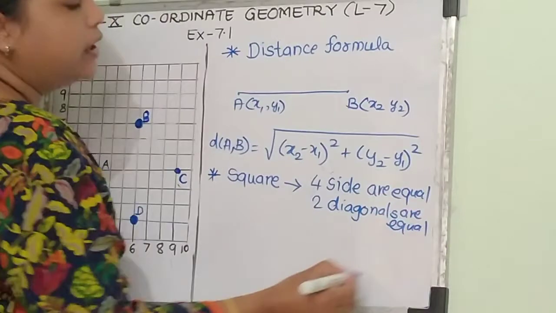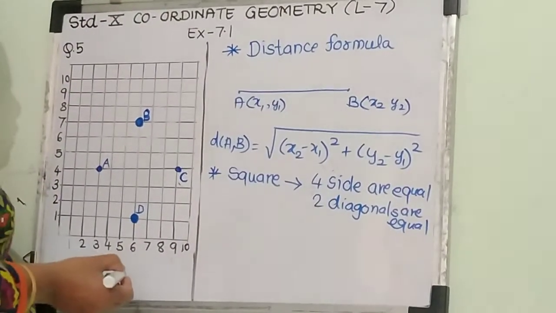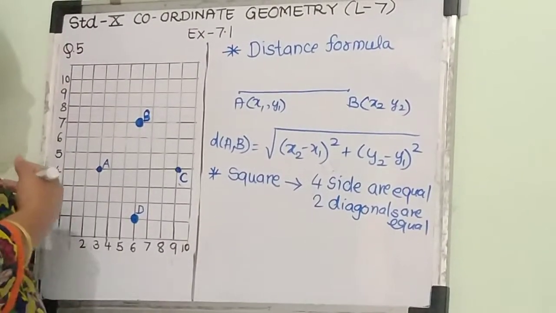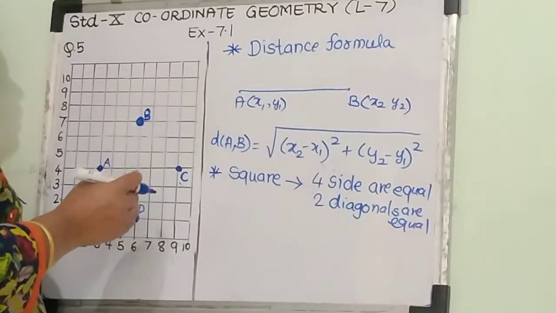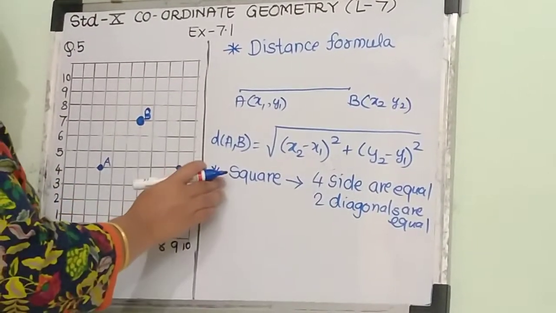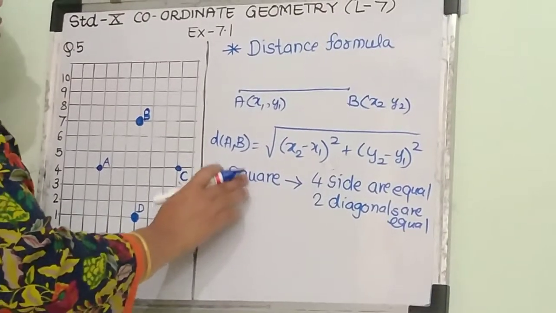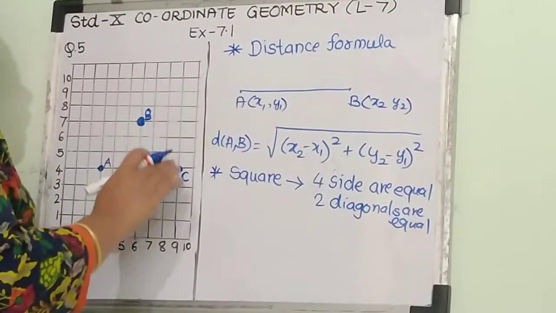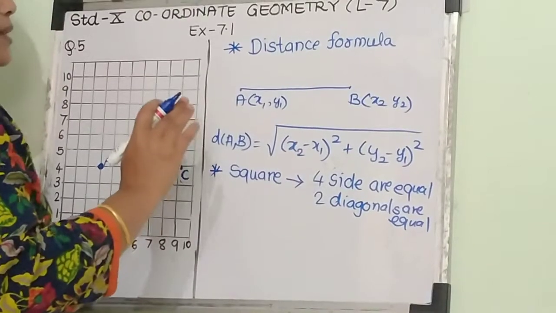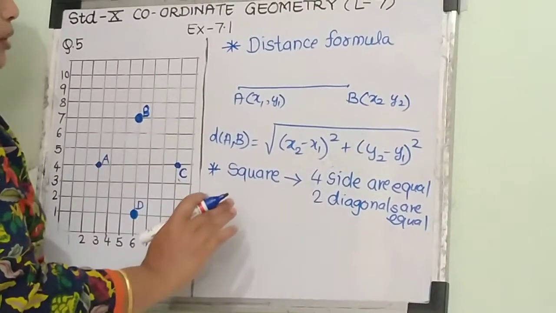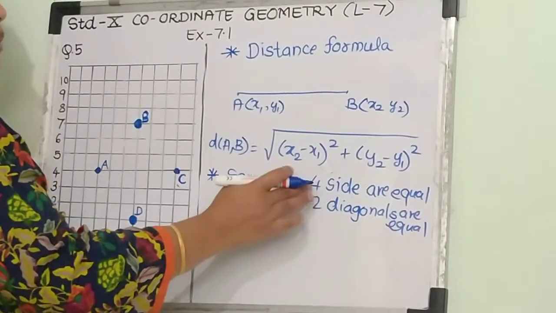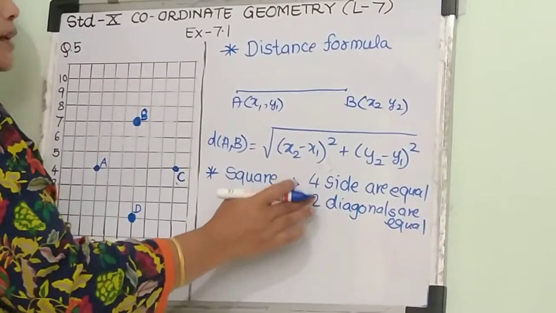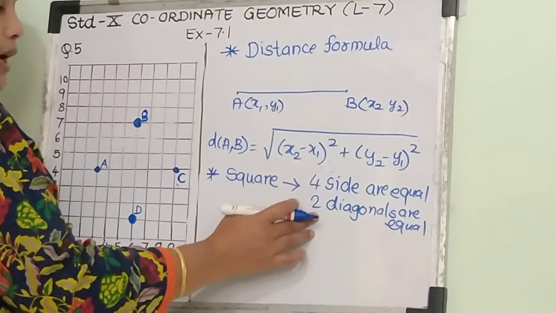If in the exam the question asks you to check whether the given points are the vertices of a square or not, we have to find all the 4 side lengths and the length of the diagonals.